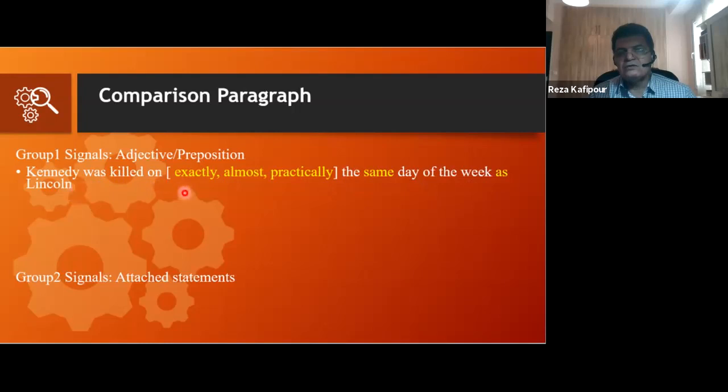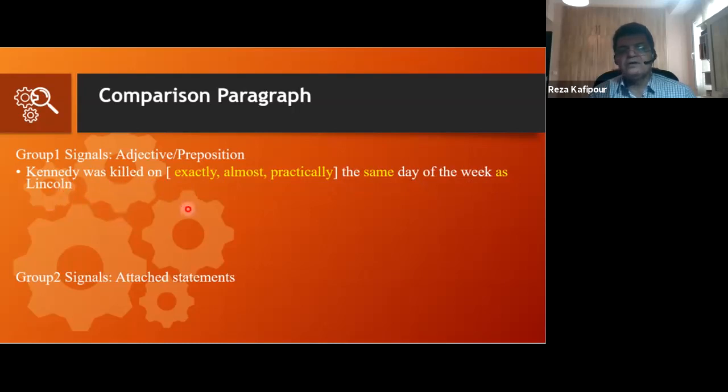So this structure shows that we are discussing similarities between Kennedy's and Lincoln's death in terms of the day of the death.